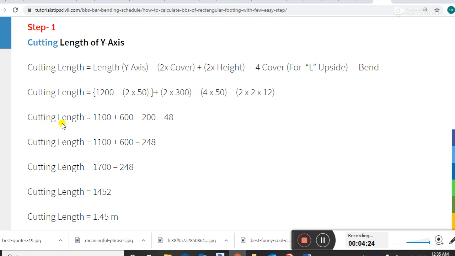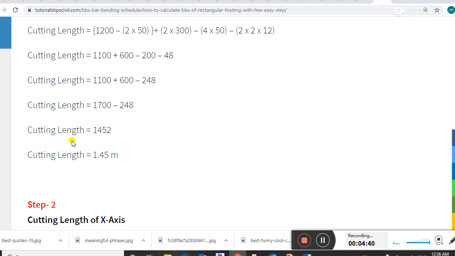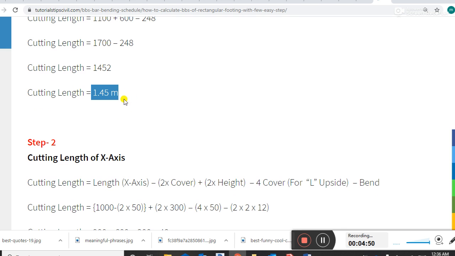Guys, after calculation we get 1100 plus 600 minus 200 minus 48. Cutting length is 1100 plus 600 minus 248. Finally, we get 1.45 meters. This is our cutting length in the y direction.